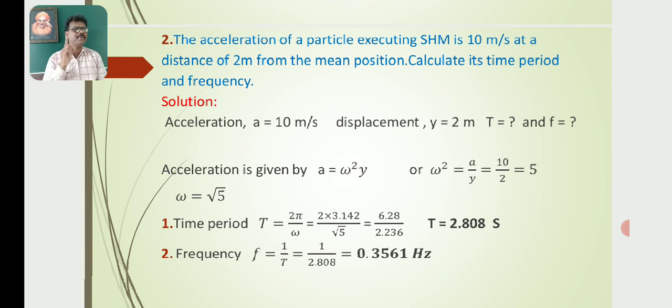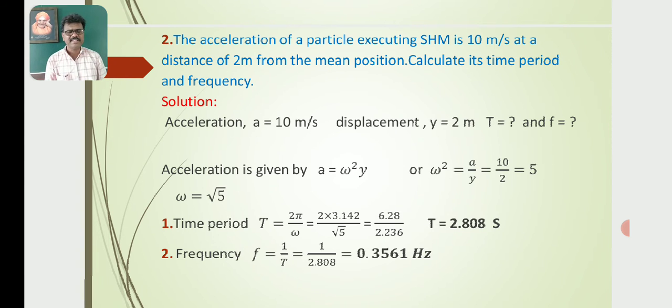Omega is equal to 2 pi by T, so the time period T is equal to 2 pi by omega. That is 2 into 3.142 divided by root 5, which is 6.28 by 2.236. Finally we get T is equal to 2.808 seconds.